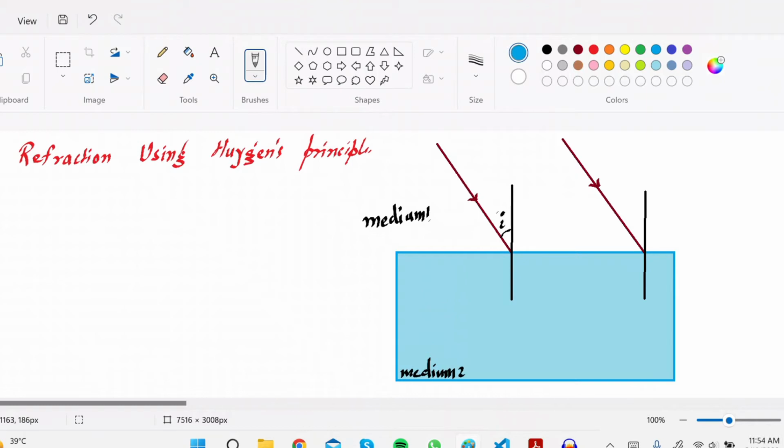And if I make our incident wavefront, how will it look? Recall, it should be perpendicular to both the incident rays. So this is our last incident wavefront. Is it making 90 degree to both the brown rays? Yes. So this is our incident wavefront.